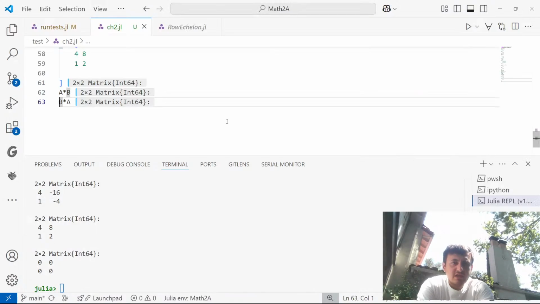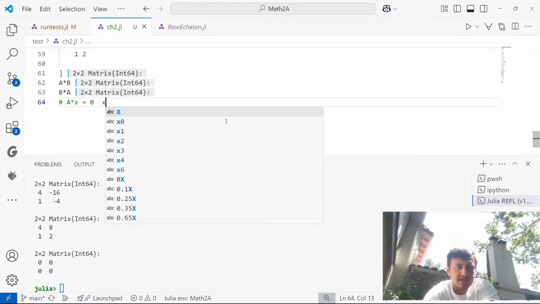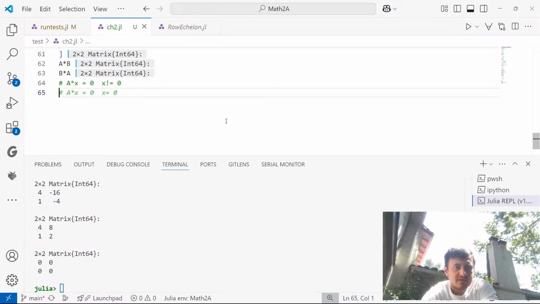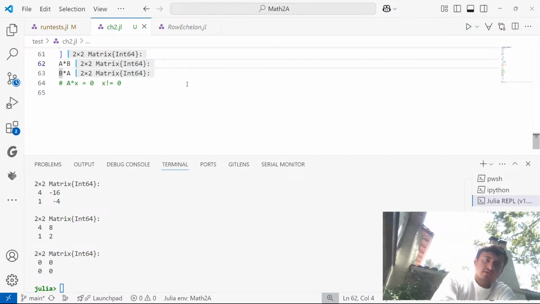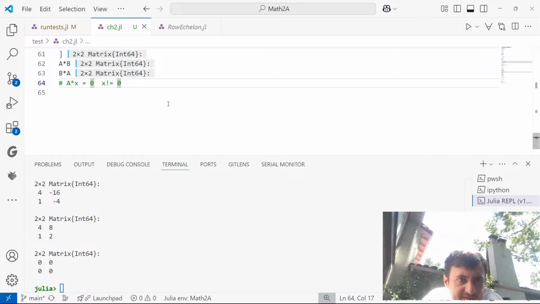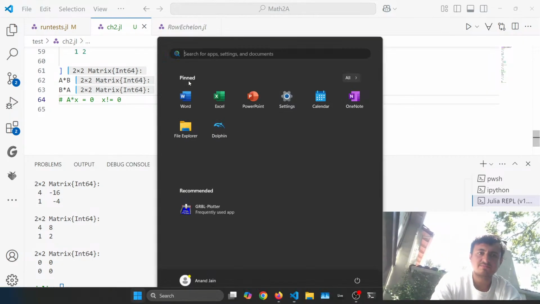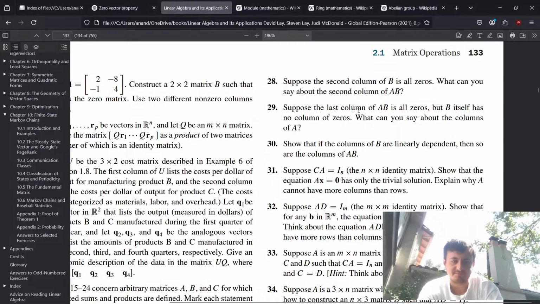But yeah, so for some A, we have A times X is equal to 0, but X is not equal to 0. So then one immediate thing is this must mean that the columns of A are linearly dependent because there's a free variable. I think that's true. I'm going to look up the answer to that one, but I'm almost positive that that's the conclusion they want us to have.